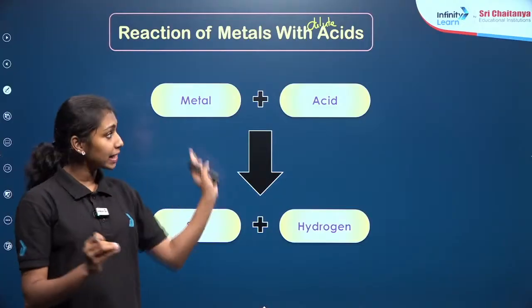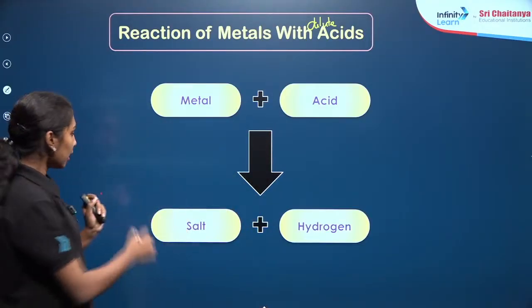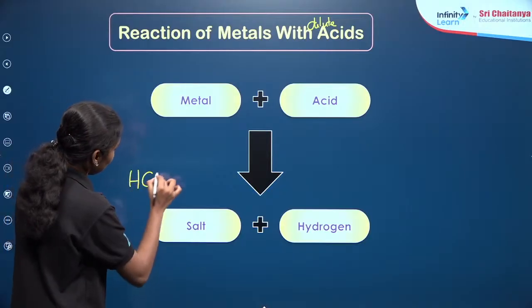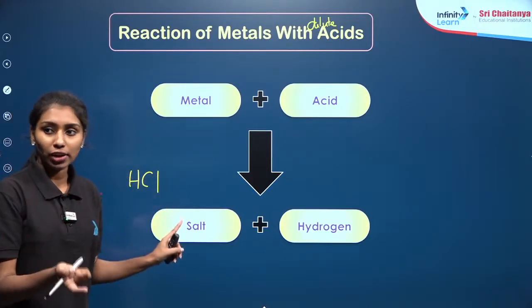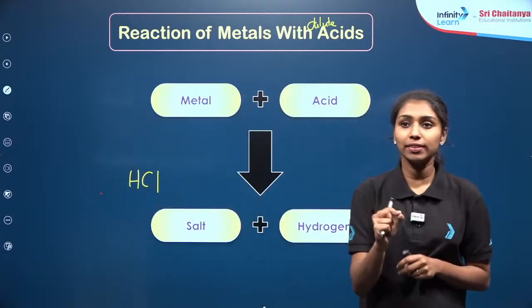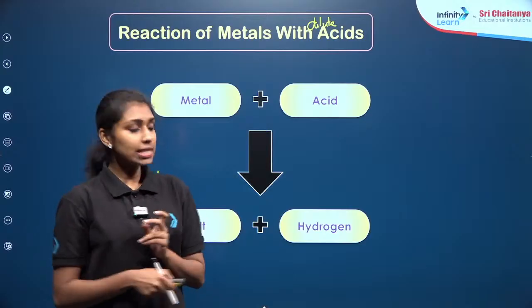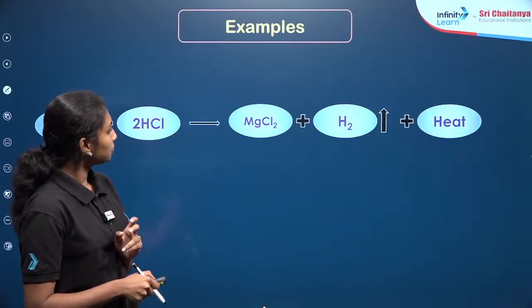Whenever a metal reacts with a dilute acid, we get a salt. For example, if we take hydrochloric acid, we will get a chloride salt along with hydrogen. So this is the general reaction of a metal with a dilute acid. Clear?